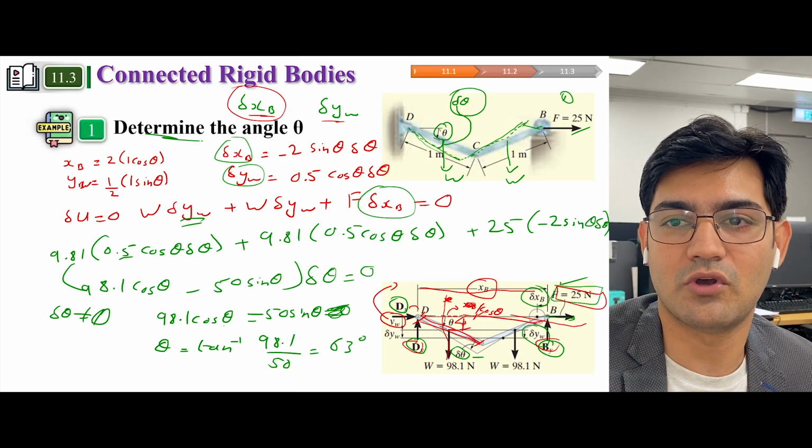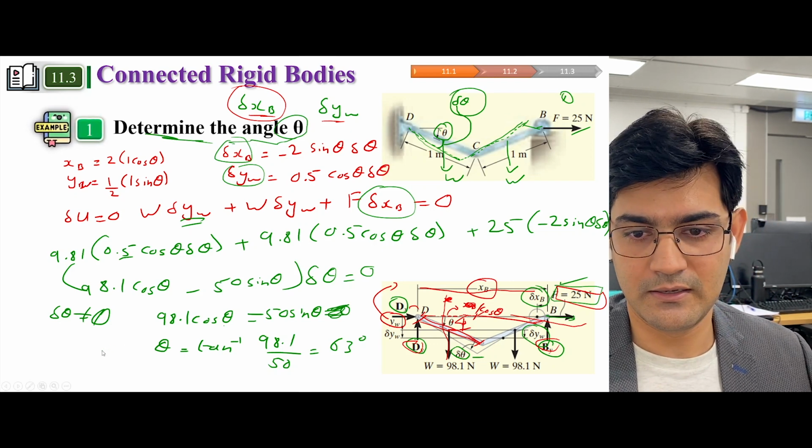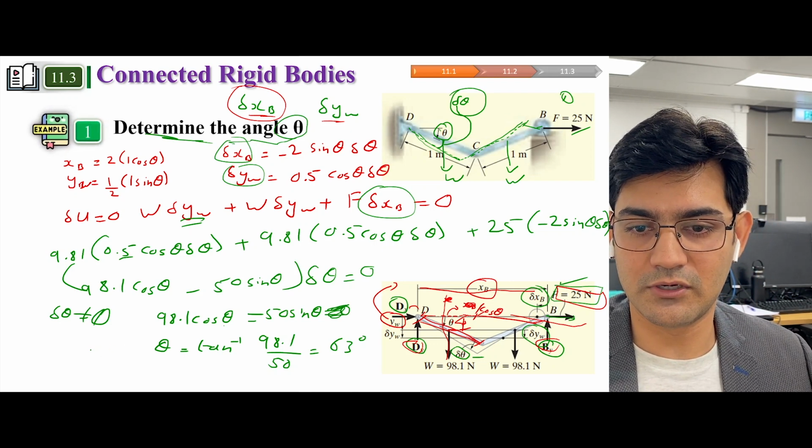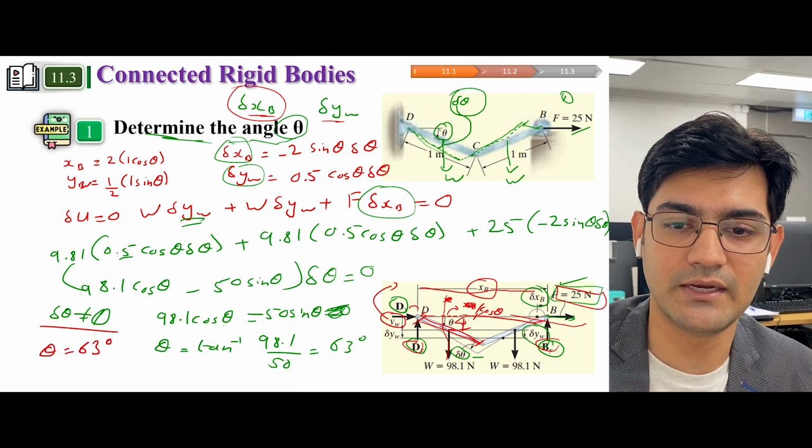So the question was that we have to determine the angle theta, and by using the principle of virtual work we can calculate this theta as 63 degrees.